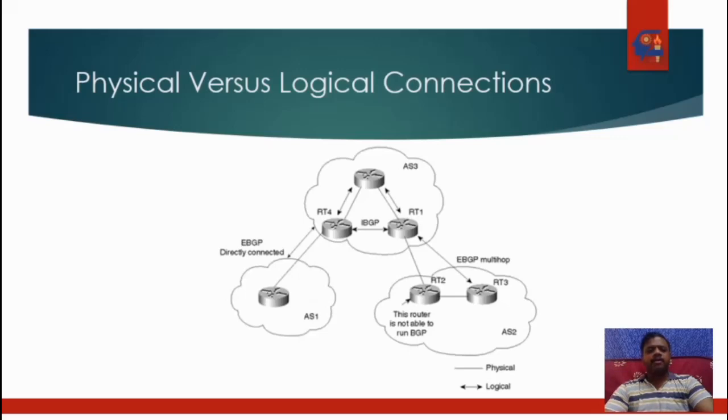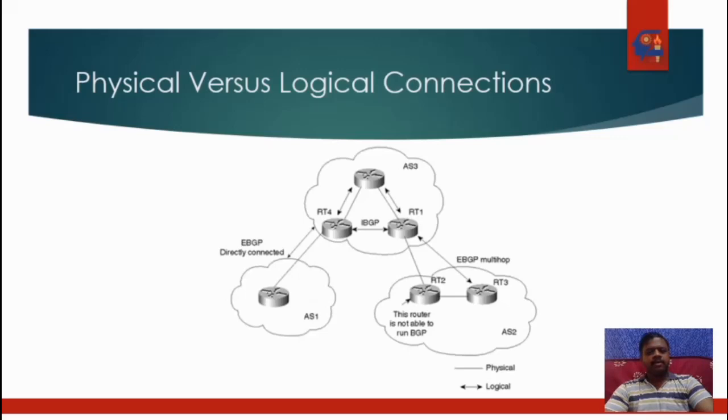RT2 cannot run BGP, but RT1 and RT3 can run BGP in this exhibit. Thus, external neighbors RT1 and RT3 are logically connected and pair with one another via multi-hop EBGP.